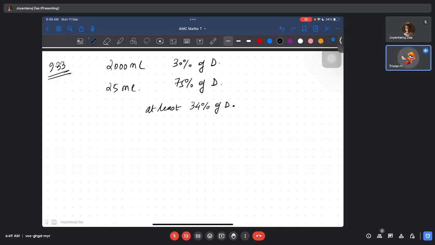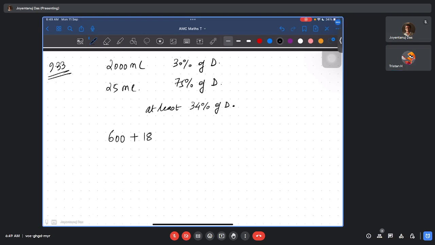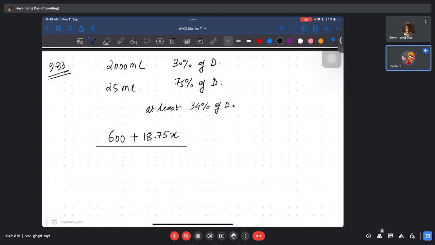So I set up the inequality 600 plus 18.75x, x being the number of times he waves his wand, over 2000 plus 25x, with 25x going in the denominator as well, and that is greater than or equal to 0.34.